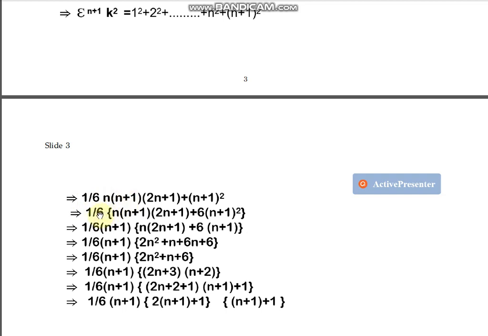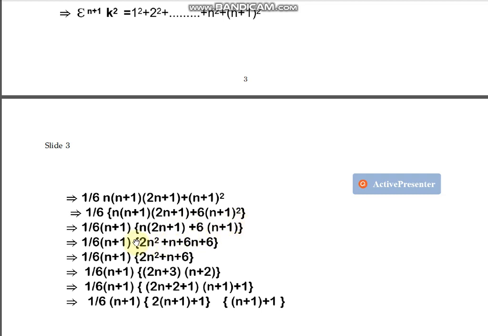Then we move on to have 6, that is n plus 1, 2n plus 1, then 6 times n plus 1. Remember, this n plus 1 is squared. Then we are having a sixth of n plus 1, and we've extracted this n plus 1, and after extracting it, being multiplied by a sixth, we remain with n being a multiple of 2n plus 1, then closing, plus 6 times n plus 1 squared.